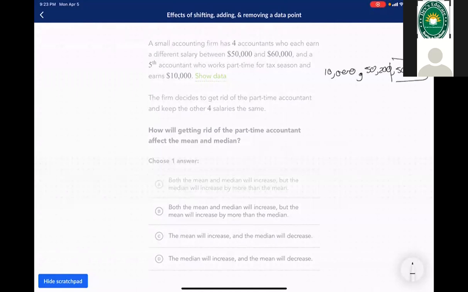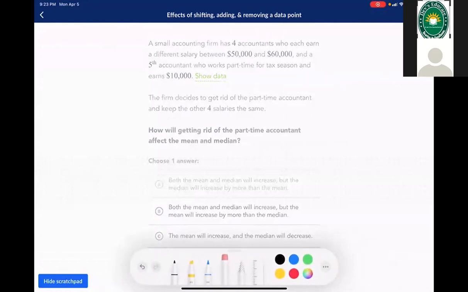So if the median was this, right, okay, wait, give me 1 second. All right. So if it was like 10,000, and then 50,200, 50,300, 50,500. Right? So if it was just this, the median would be over here, right?